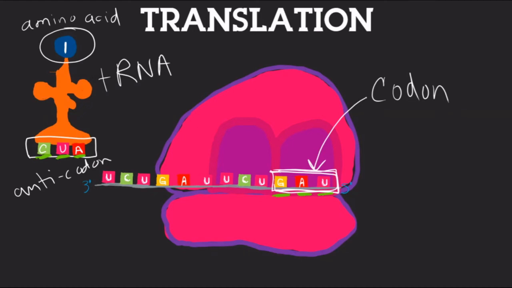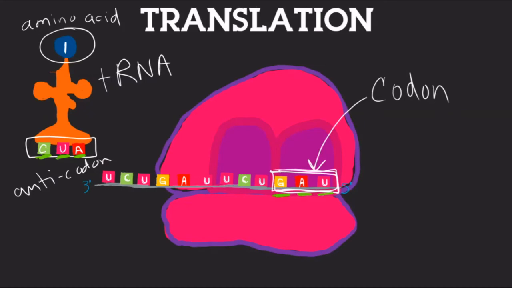So they're complementary, and what will happen is that tRNA molecule carrying a specific amino acid that I've labeled number 1 or amino acid 1. They actually have names. There are 20 different amino acids that are found naturally in life on Earth, and they all have different names, and each tRNA only carries a specific amino acid.